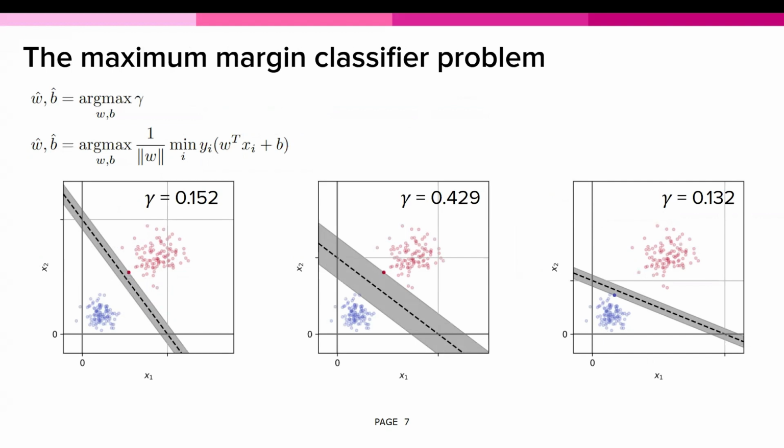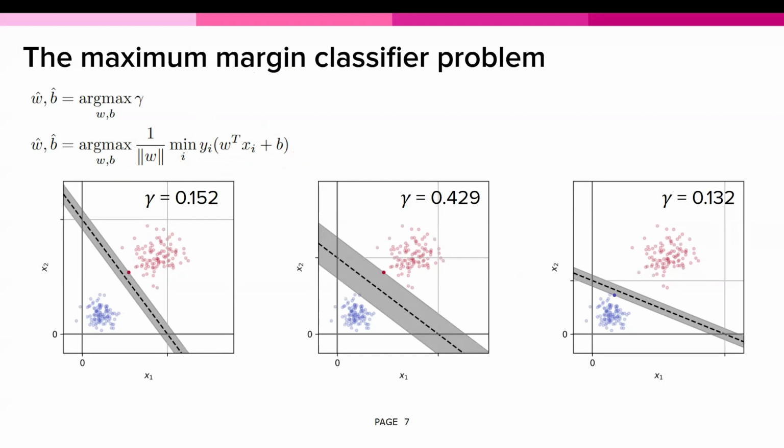As we said, our goal here is to find the parameters that define the hyperplane, the weights and bias, that maximize the margin, where the margin is defined as the minimum distance to a data point from either class, as I've got here. So we want to maximize the margin, but the margin itself is a minimization problem over distances from the hyperplane to the training data points.